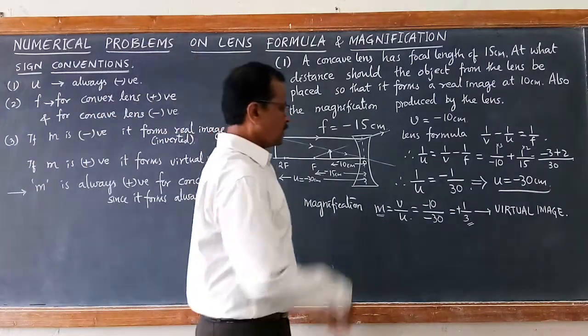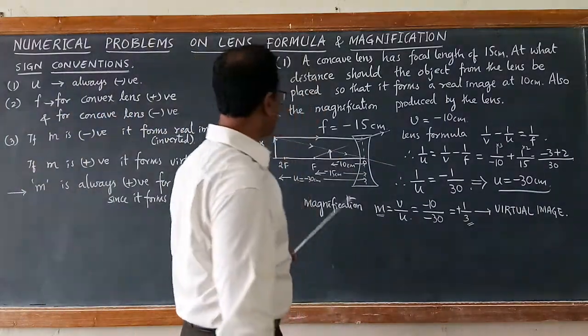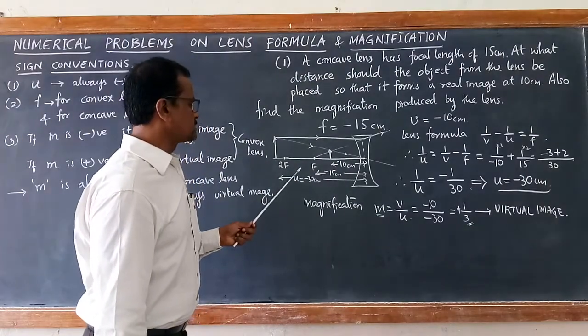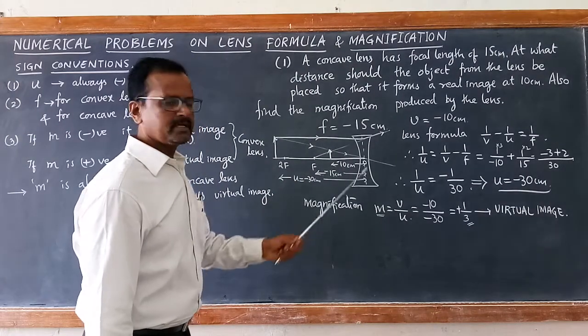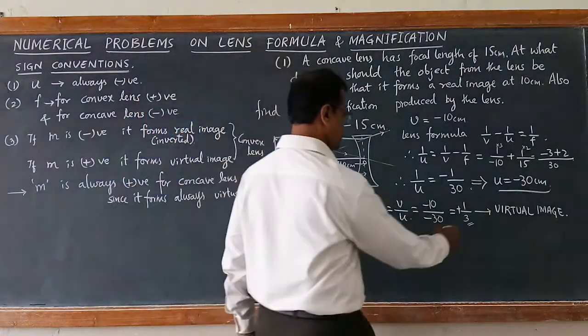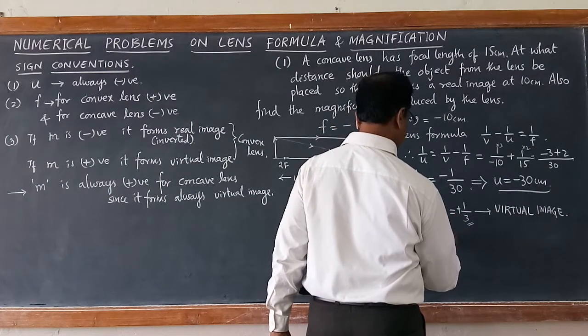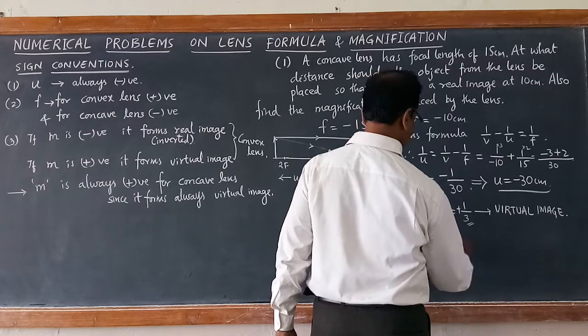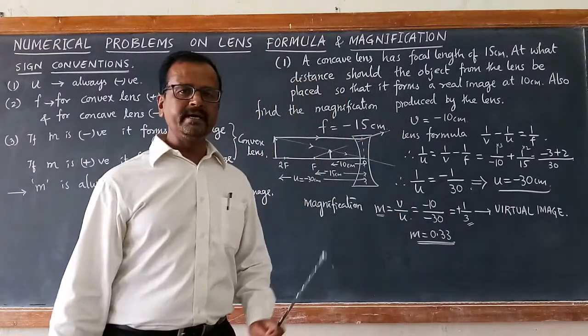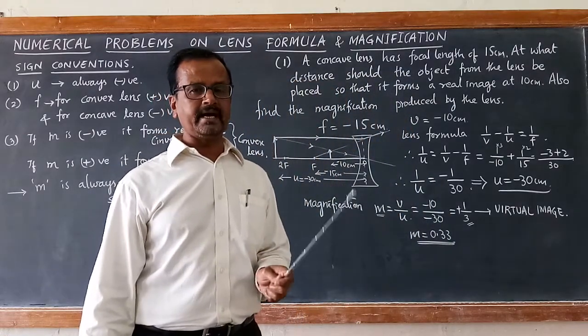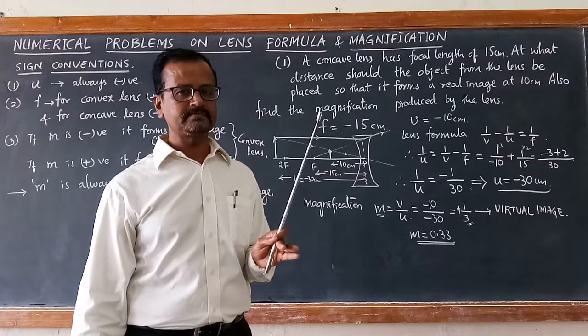Then what about the size of the image? The size of the image is diminished, because if you take 1 by 3, M becomes equal to 0.33. Therefore, the height of the image is 0.33 times the height of the object.